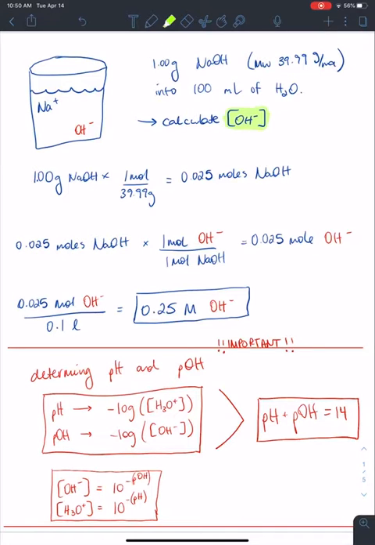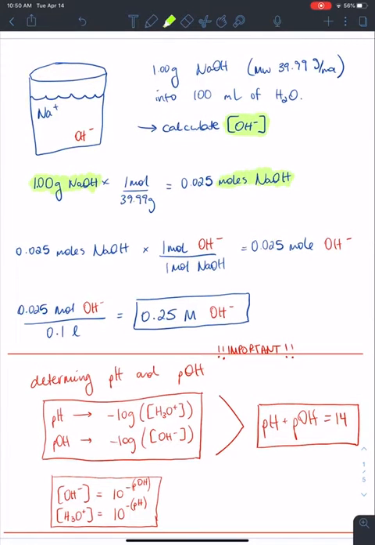The first thing we need to do is convert 1 gram of sodium hydroxide into moles of sodium hydroxide. We do that using the molecular weight. Another thing you need to understand is that sodium hydroxide, when put in water, is fully soluble and fully dissociates into sodium cations and hydroxide anions.